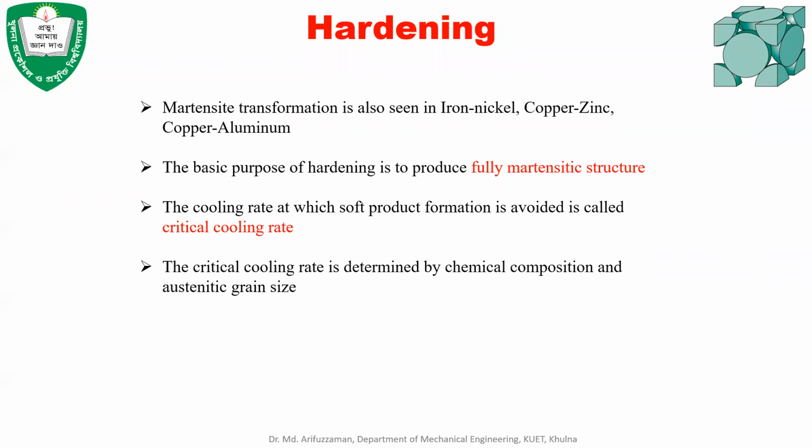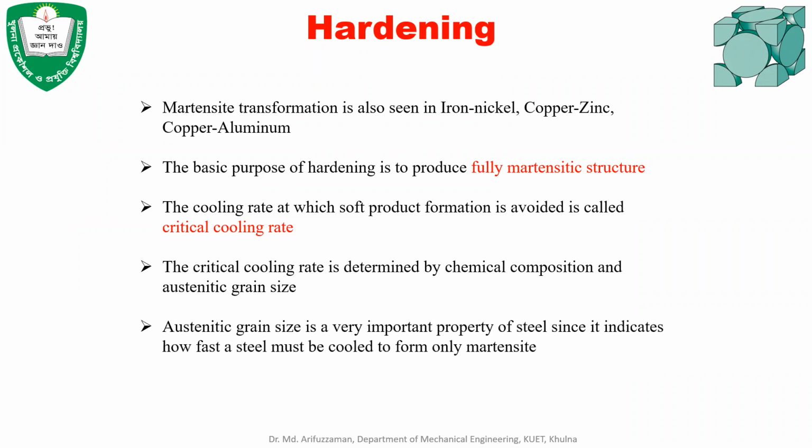That means you have to conduct the experiment, form the martensitic structure, and check under the microscope whether 100% martensite has been produced or not. And it also depends on the austenitic grain size, that means the austenitic grain size that has been formed during heating. Okay, that grain size is also important.